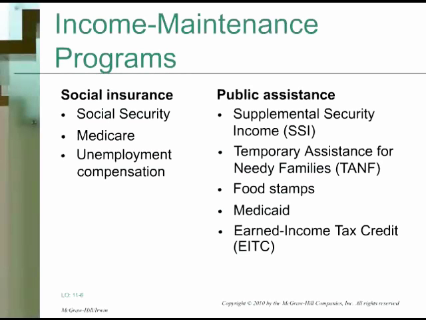Social insurance programs include Social Security, Medicare, and unemployment compensation, while public assistance programs include Supplemental Security Income, SSI, Temporary Assistance for Needy Families, TANF, food stamps, Medicaid, and the Earned Income Tax Credit, EITC.